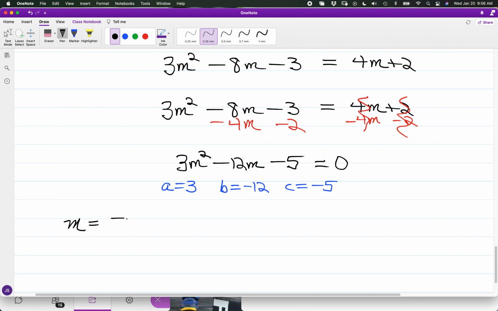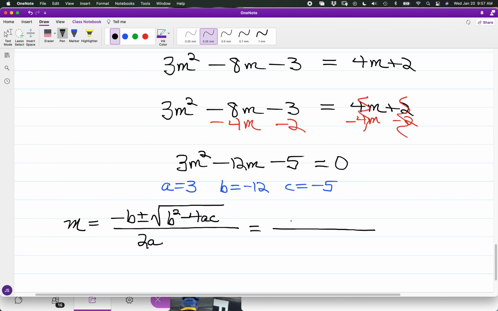So for the quadratic, now we're not solving for x but m, but we're still going on the same premises in terms of how to work with the coefficients of the trinomial. So we have negative b plus or minus the square root of b squared minus 4ac all over 2a.